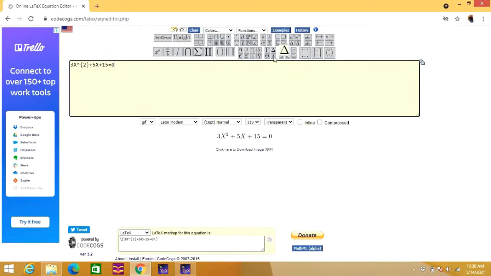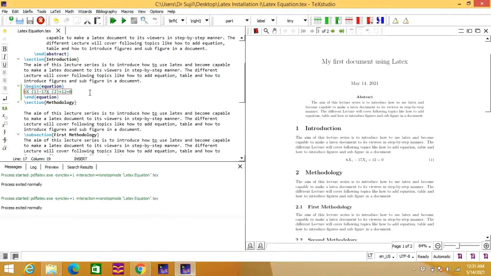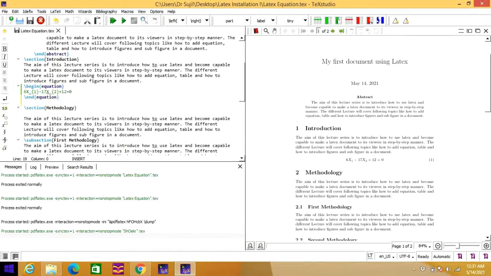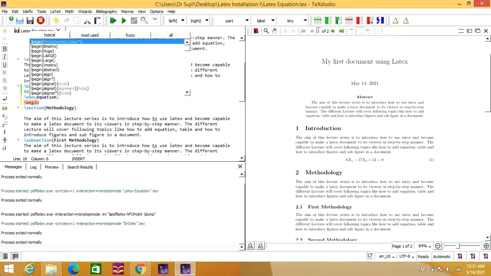This is the code that we have created using this online editor. Similarly, whatever we did in the last case, we are going to repeat. We choose this, copy this, that is Control C, and again go here. Let us say we need to put this equation below the first equation, so we write slash begin equation.